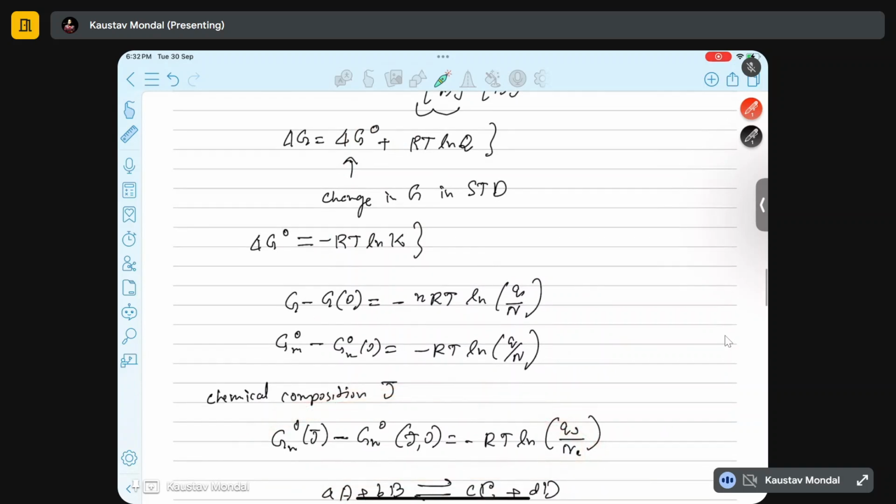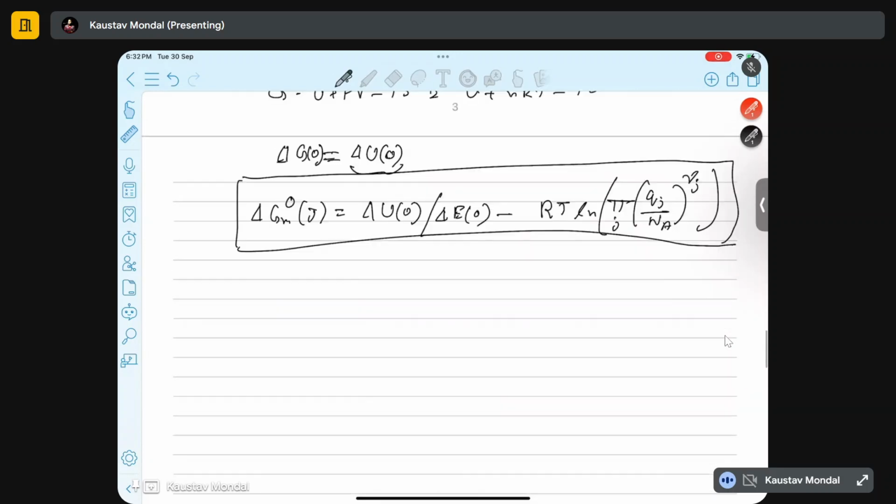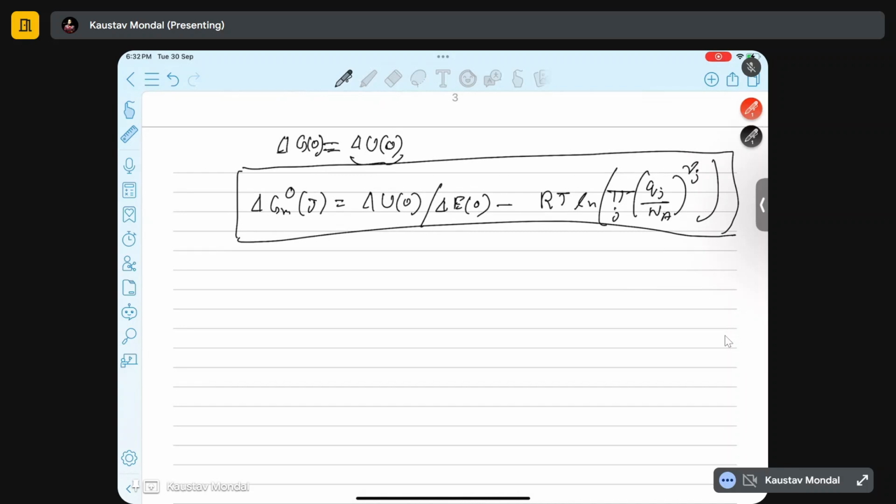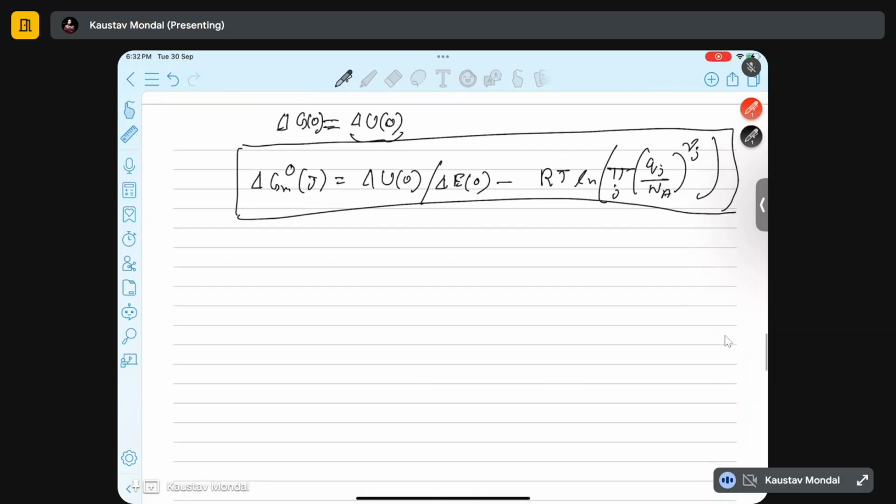Now we also have another equation where the change in Gibbs free energy is related to the equilibrium constant K, which we derived from a statistical point of view a couple of lectures earlier. So in the next discussion we will compare these two.